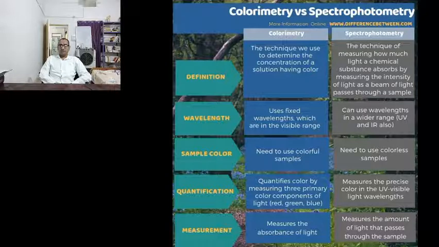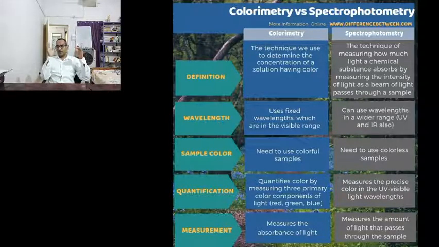So how do they do it? In a spectrophotometer, a beam of light is given and it is scattered, and a particular wavelength is selected, and then the instrument measures the light which passes through the sample.